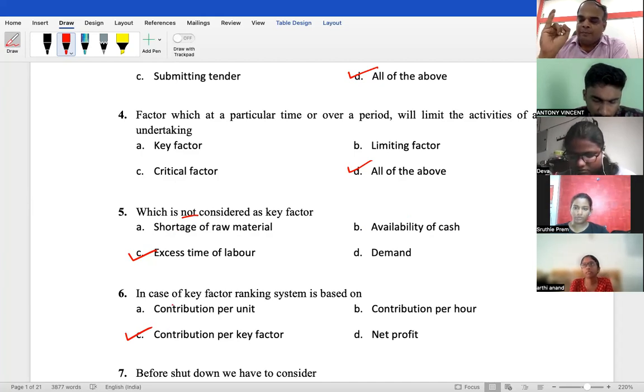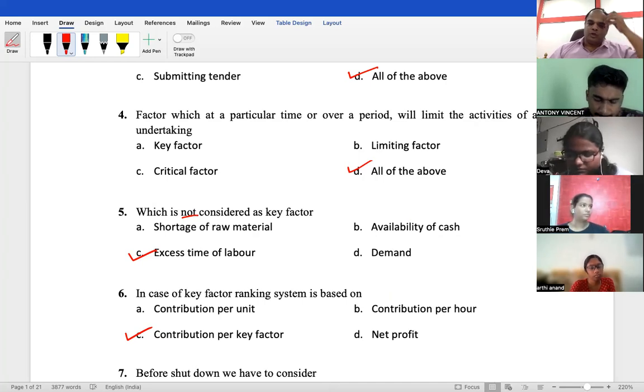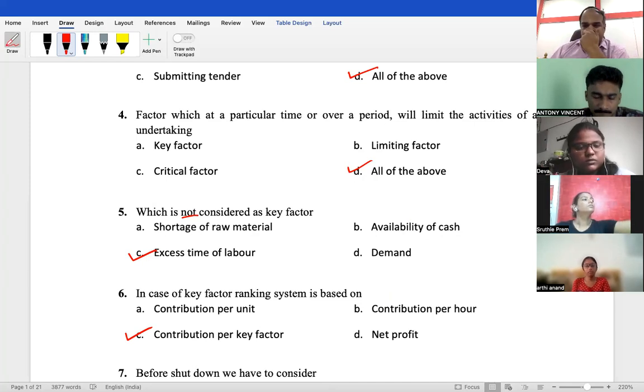Then compute contribution per key factor. Then rank the product based on contribution per key factor. Allocate the key resources based on the rank. Thereafter, you have to prepare the maximum profitability statement. Understood? So contribution per key factor. If the hour is a key factor, contribution per hour you have to identify. Raw material is a key factor, contribution per kg of raw material you have to identify like that. Okay.